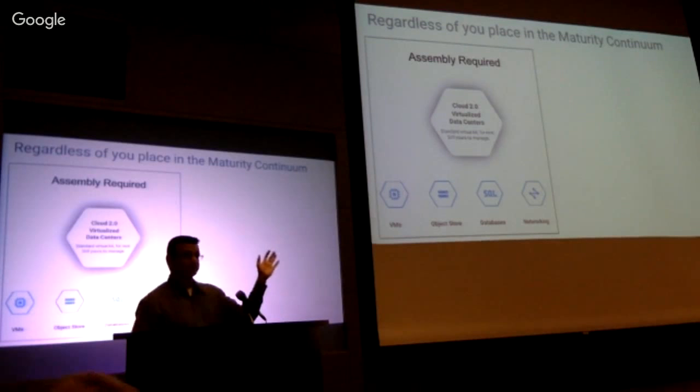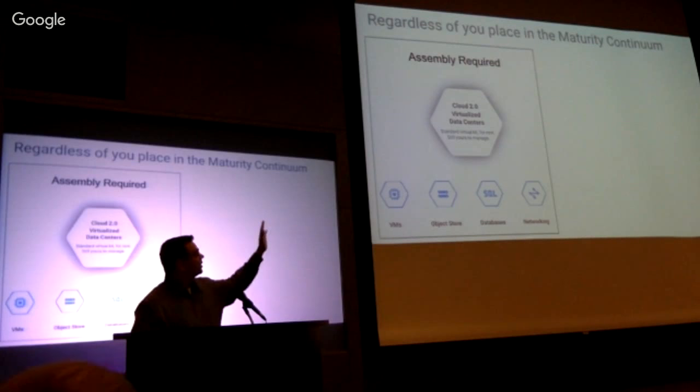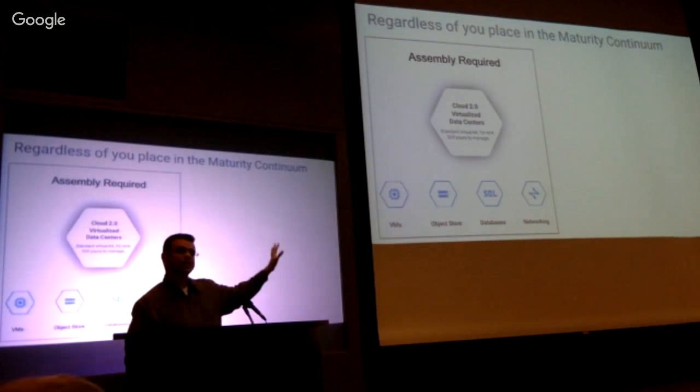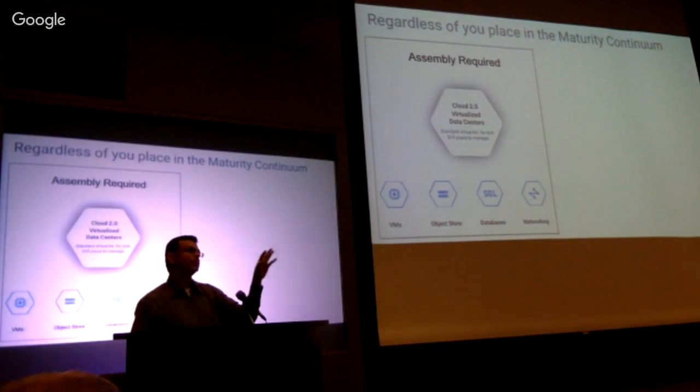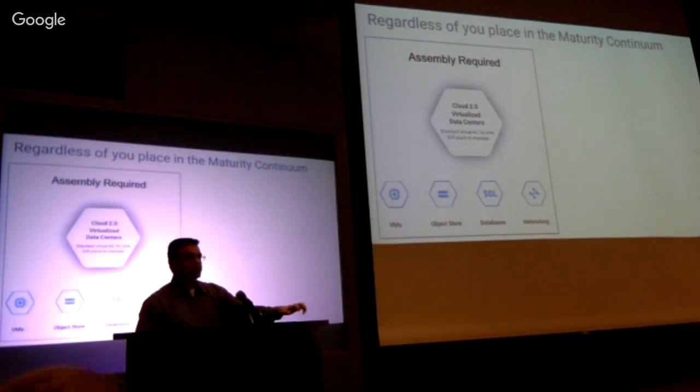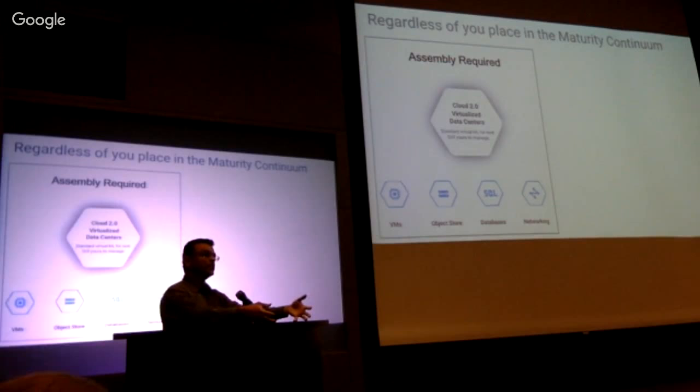Since then, we've come a long way. And what you see here is typical cloud 2.0. So if you go to today's cloud offering outside of GCP, what you're going to get is not just the space and power, but you also get pre-configured boxes. If you get a bunch of VMs from a cloud provider of your choice, what you're going to get is a few Linux boxes and some things that are already cabled up.